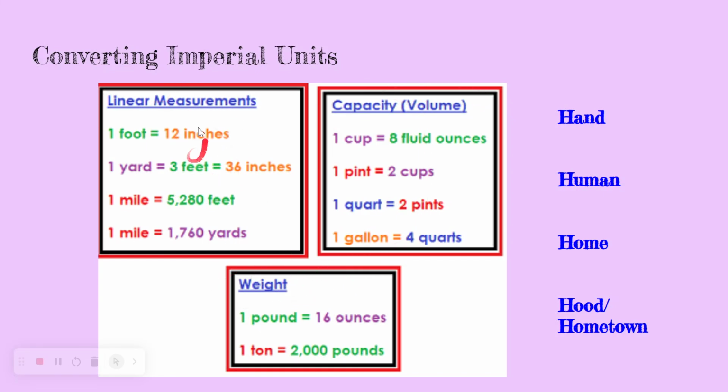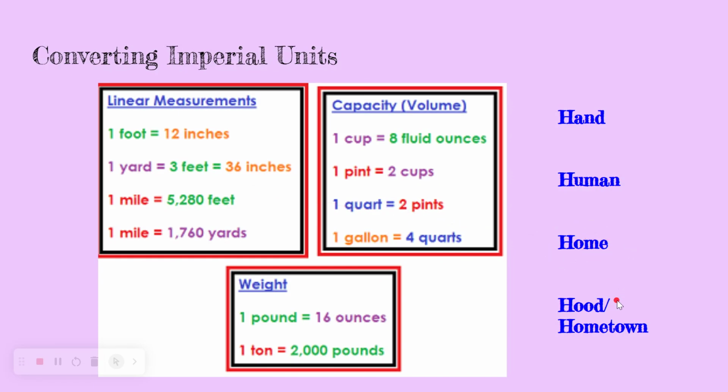Particularly for measuring with the linear measurements, I have this little convention that I came up with using all H words. If you have something that you can hold in your hand, that's probably going to be using inches. If you have something that's about the size of a human or a little bit bigger, you might use feet, right? Because we measure humans in feet. If you have something that's around the home or even the size of the home, you could probably still use feet, but you also could use yards.